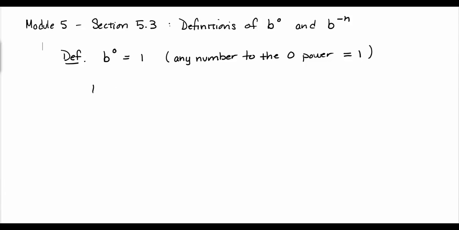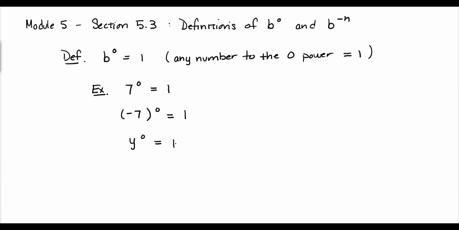Right? So for example, 7 to the 0 equals 1. Negative 7 to the 0 also equals 1. Right? Y to the 0 equals 1.